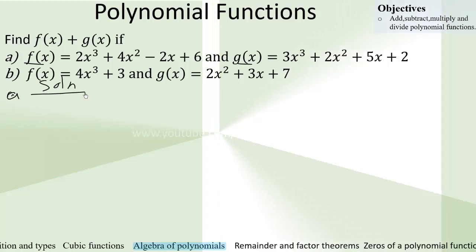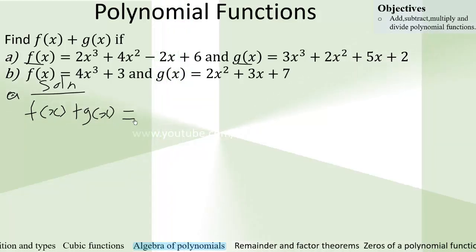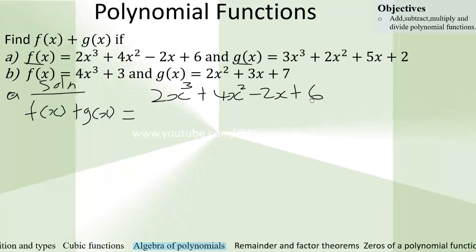So f of x plus g of x will be equal to, so we have 2x cubed plus 4x squared minus 2x plus 6. So we add like terms.